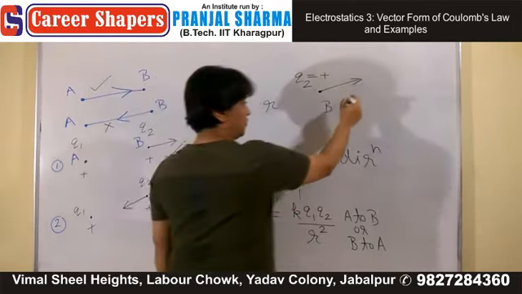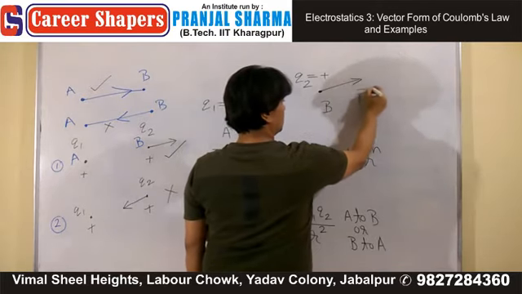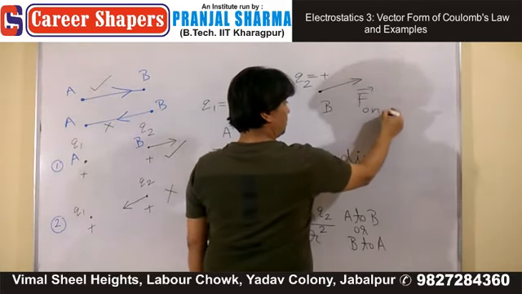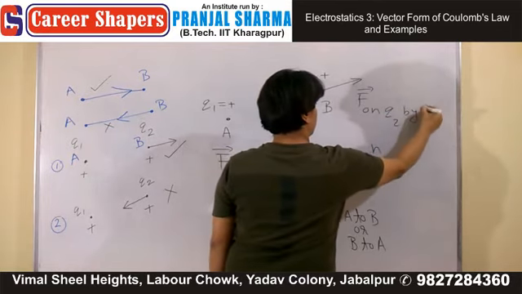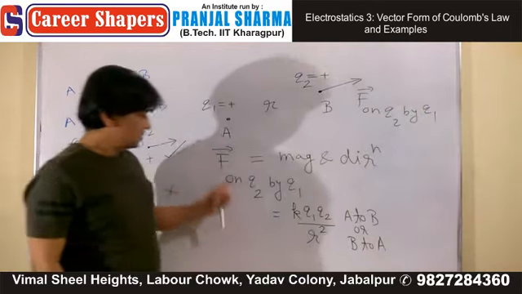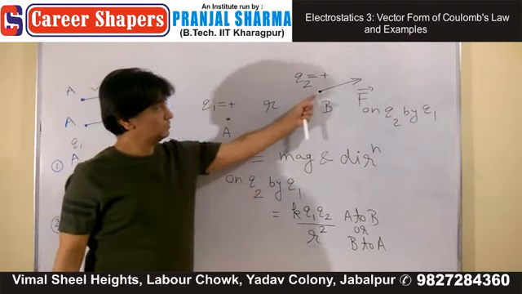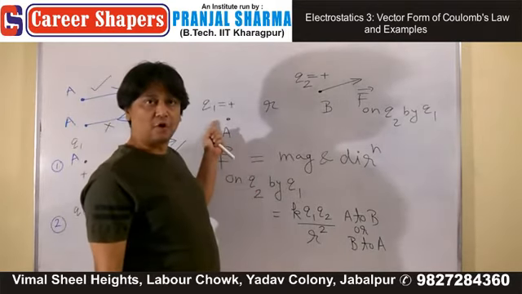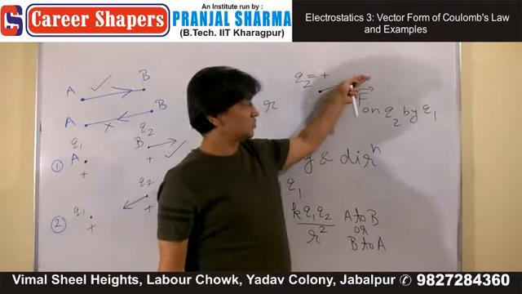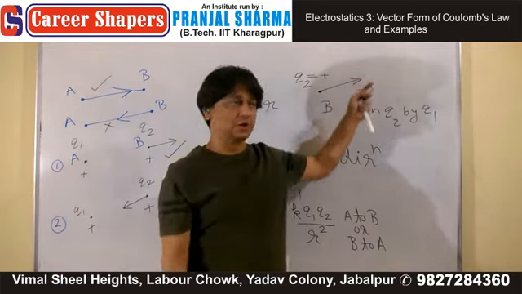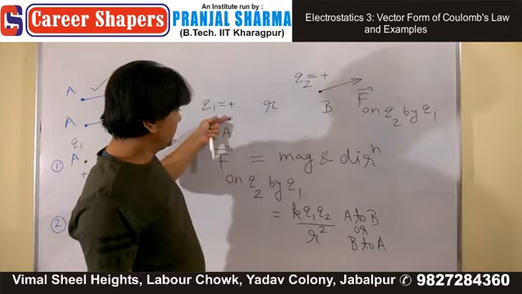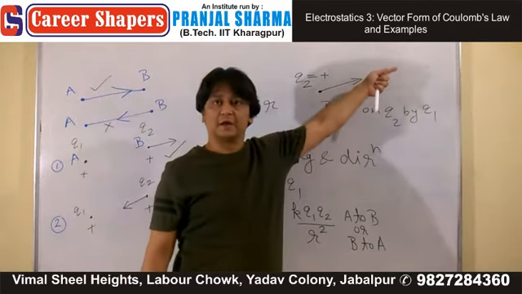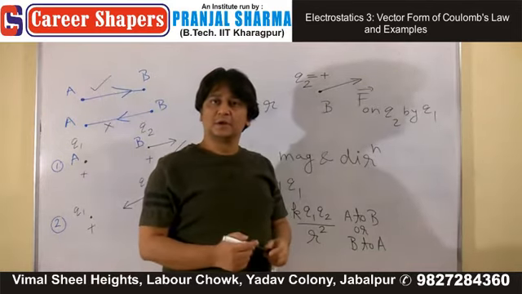This is force on Q2 by Q1. Force on Q2 coming from Q1 is this force of repulsion. What is this direction? A to B. It's a simple thing.